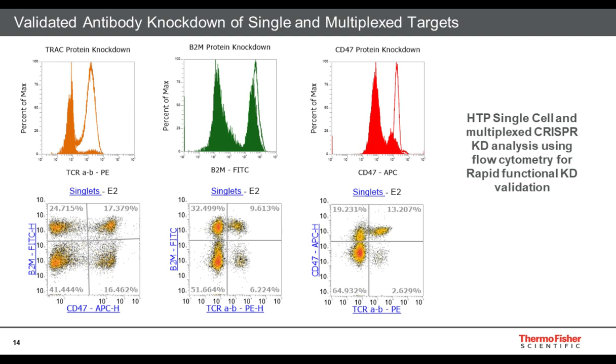And then here's just another example of a really straightforward panel. It was a little more straightforward because these genes did not interact with each other in the same way that B2M and PD1 did. You can see again here an example of the data you get from flow cytometry. You can see the overlays on the top, the unedited versus edited populations on this overlay plot, which is already in the Attune software.